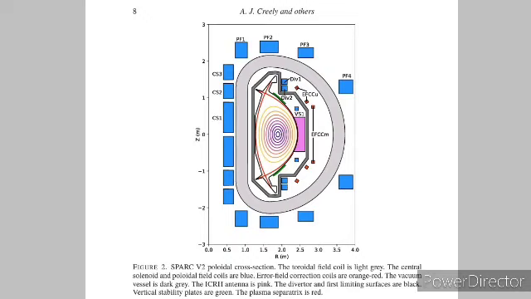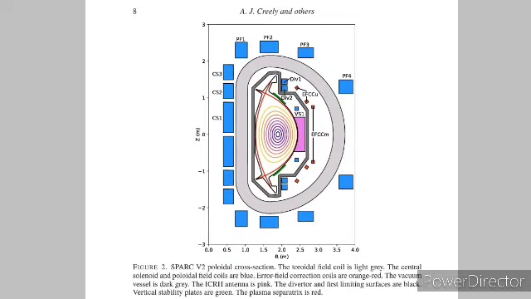A much higher toroidal field, however, allows for a larger plasma current at the same safety factor and significantly higher triple product than is possible in present devices.